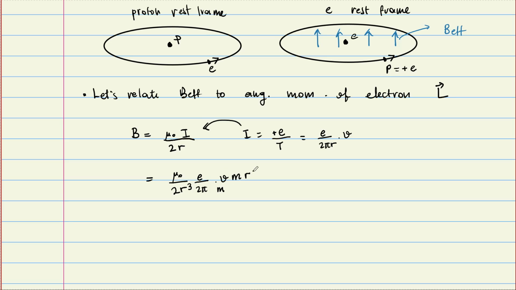And this MVR is angular momentum, so this object is L. Then this thing is going to be equal to mu0 E divided by 4 pi R cubed M, times L. And to make it a vector, B is a vector and L is a vector. Okay?